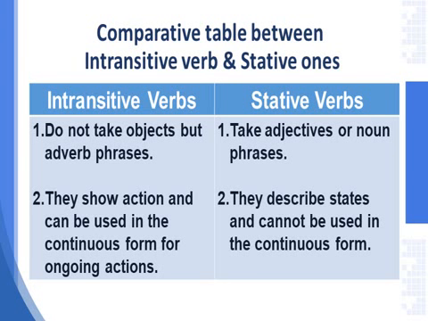A second difference is that intransitive ones are action verbs and can be conjugated in the progressive form, but not the stative ones, because they show just states such as sensory, measurement, possession, being, and cognitive state.